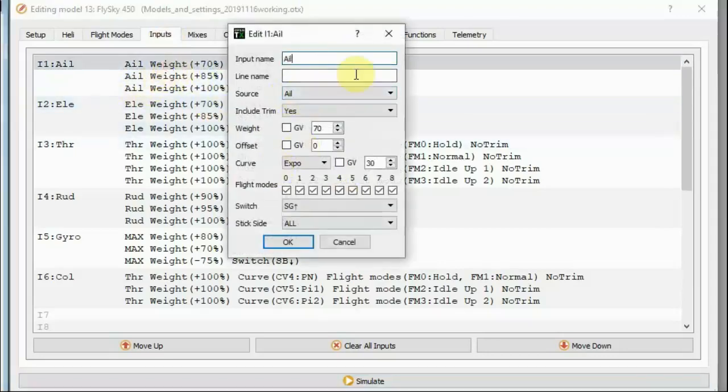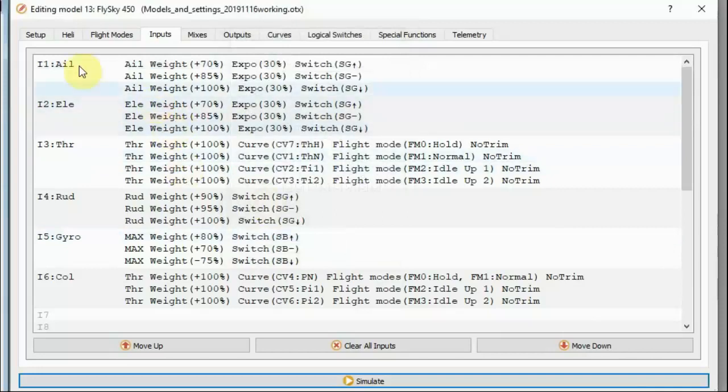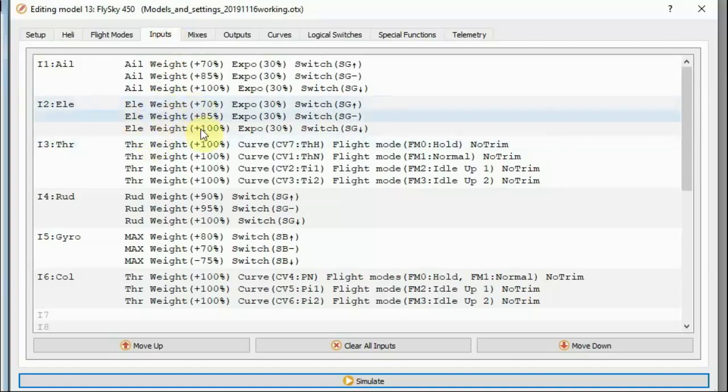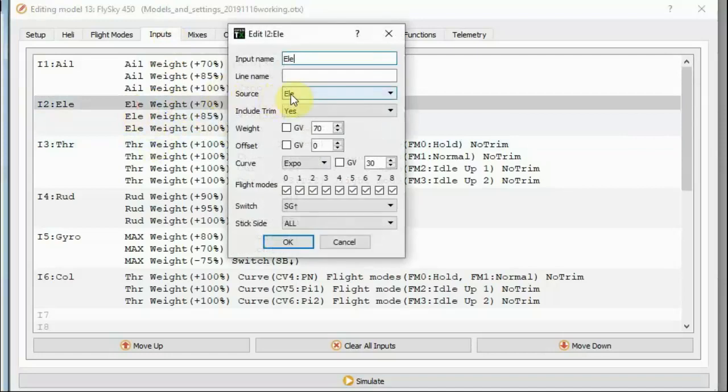Anything you define here is just ignored completely by OpenTX when you're using it to program a helicopter like this. It says it's input to Heli, but it's not really taking the actual parameterized value. It's just taking the source of that, the raw elevator stick.